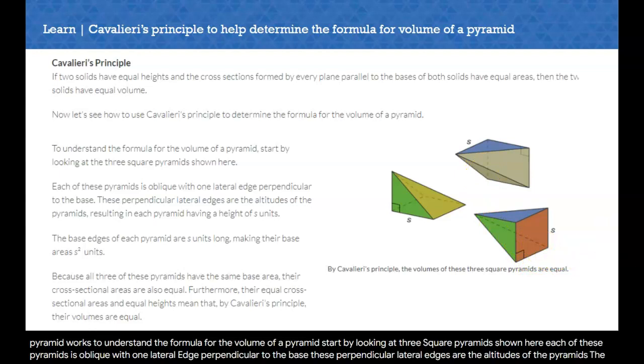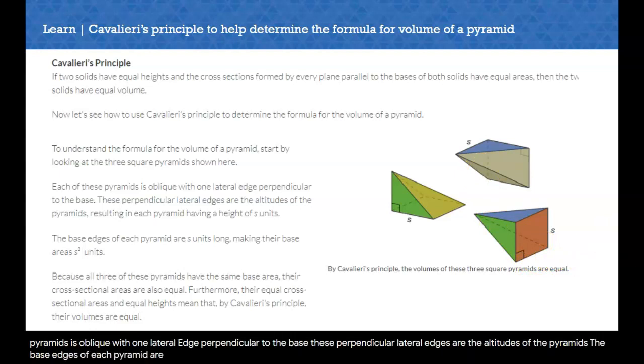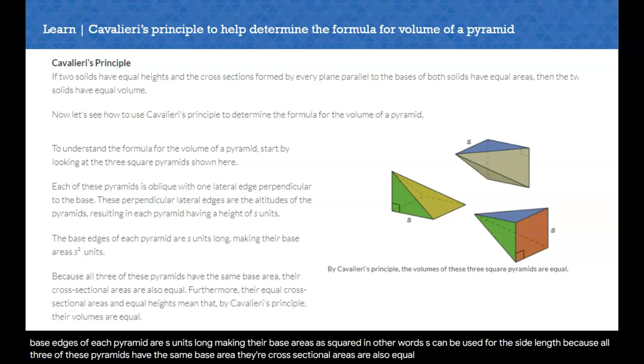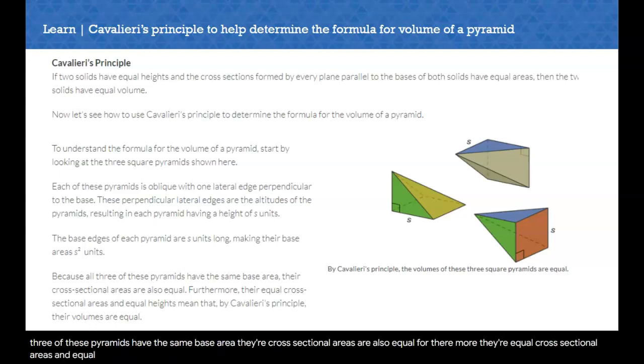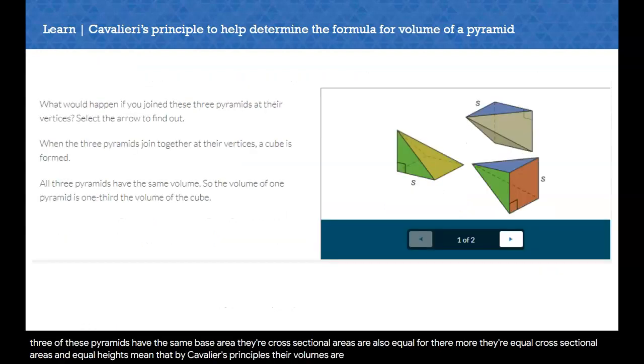The base edges of each pyramid are S units long, making their base areas S squared. In other words, S can be used for the side length. Because all three of these pyramids have the same base area, their cross-sectional areas are also equal. Furthermore, their equal cross-sectional areas and equal heights mean that by Cavalieri's principle, their volumes are equal.